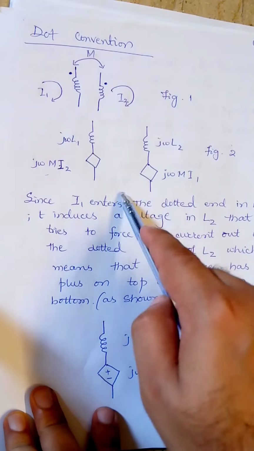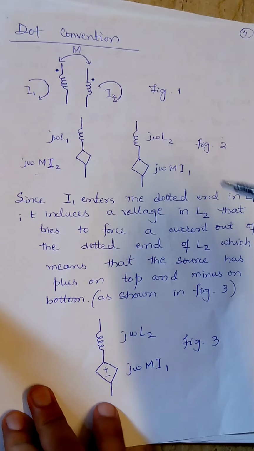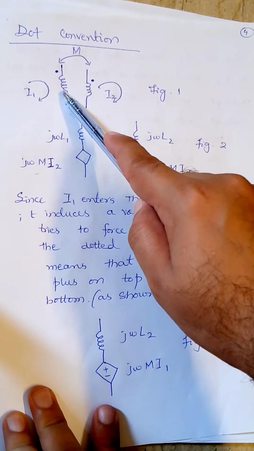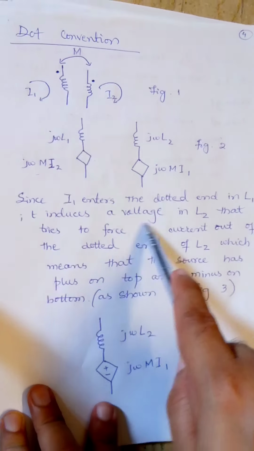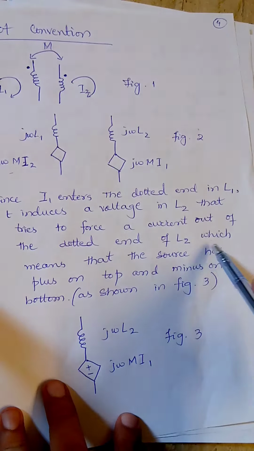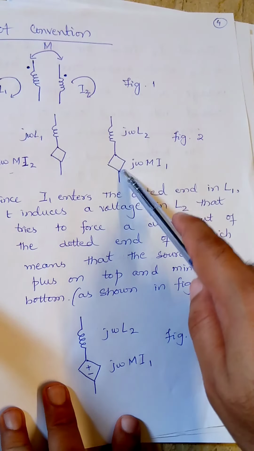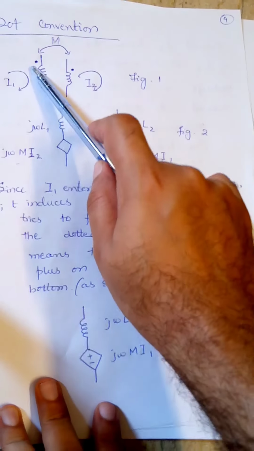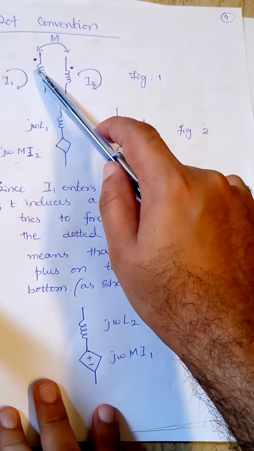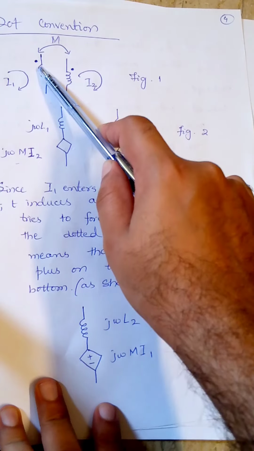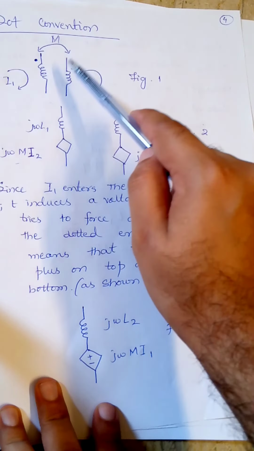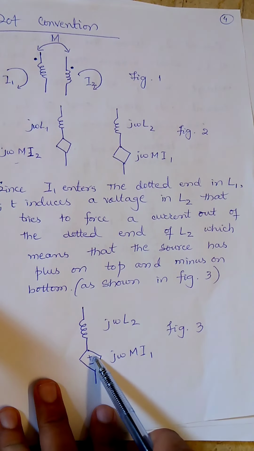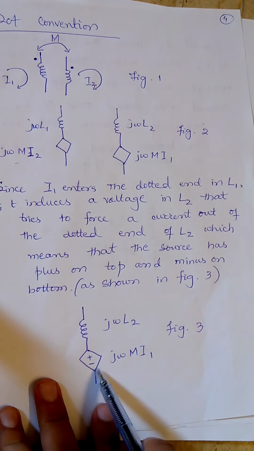So we will mark the polarity in such a manner. Here we can see the current I1 is entering from the dot terminal, so we can determine the polarity on this voltage source. Similarly, we can see where the dot is. If the current is entering from the dotted terminal in coil 1, what would be the voltage induced in coil 2? The polarity would be positive on the upper side and negative on the lower side.